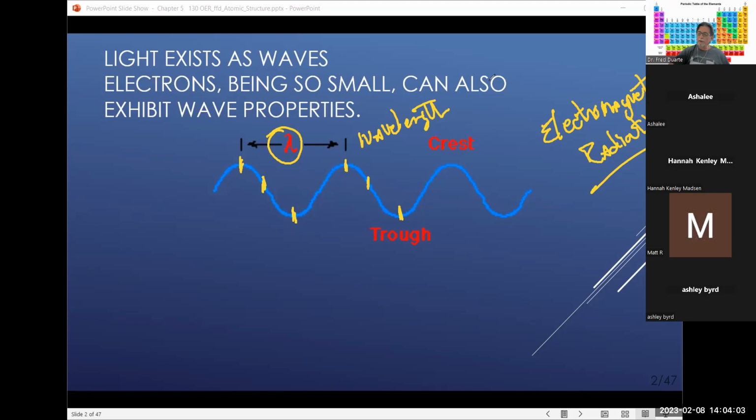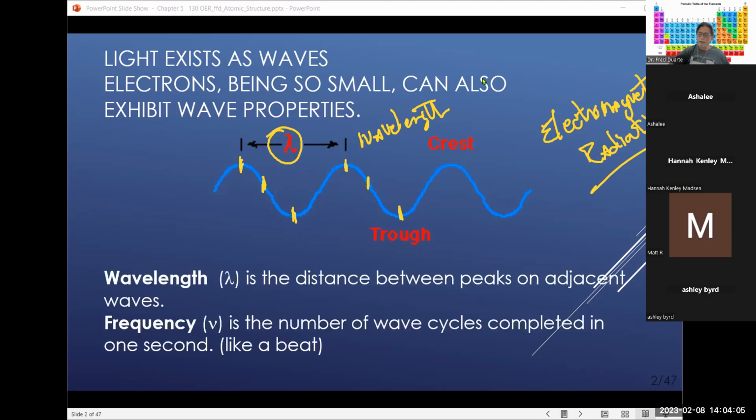Now, the frequency is denoted by how many wavelengths occur within a given time unit, specifically within 1 second. Think of it as a beat, like your heartbeat.